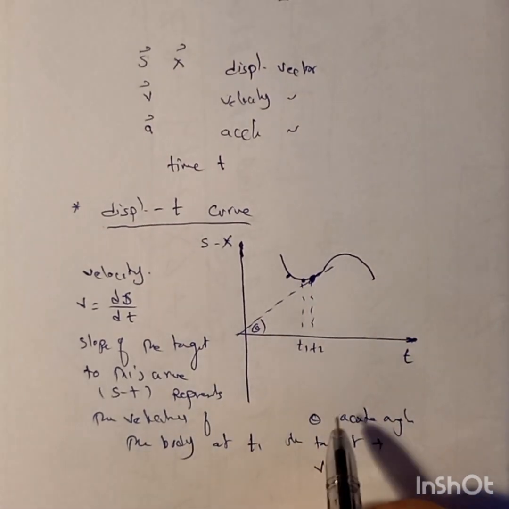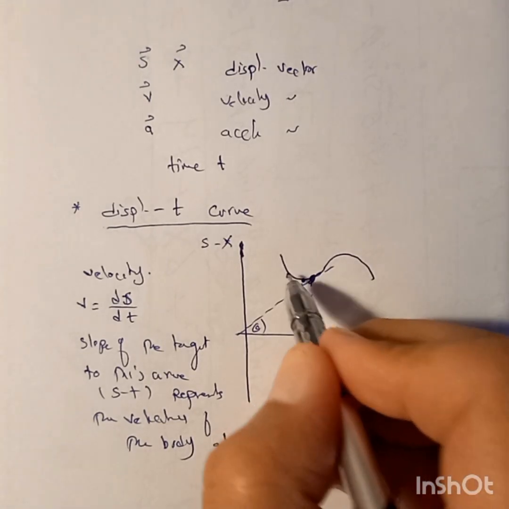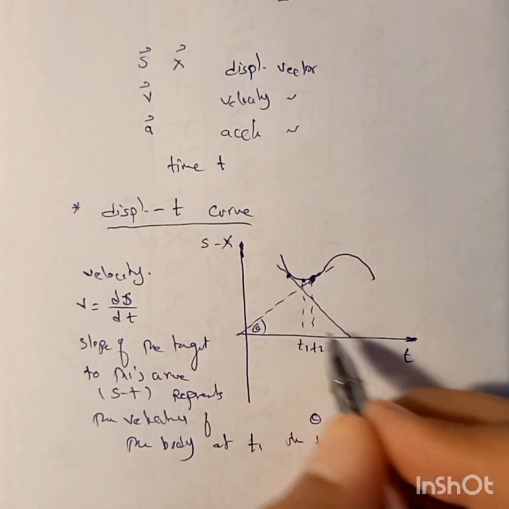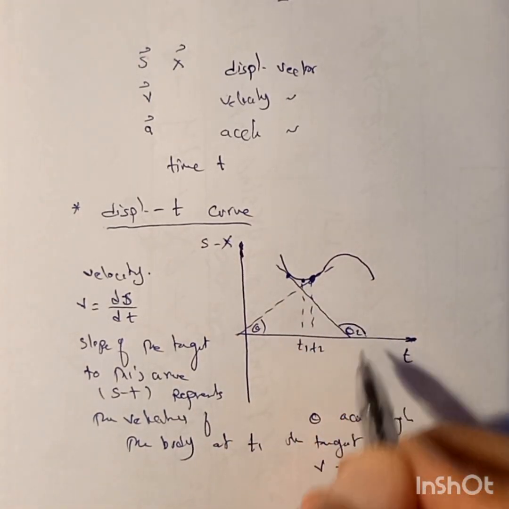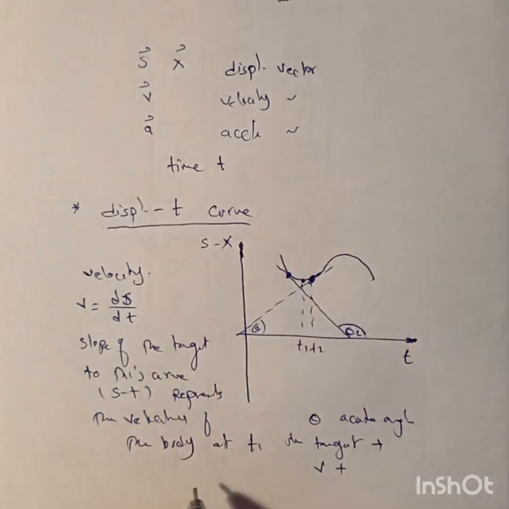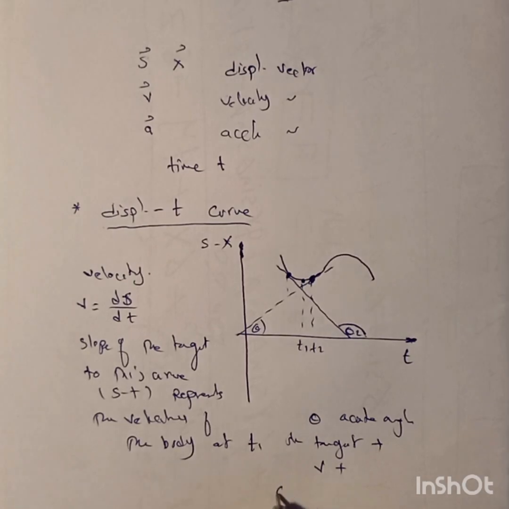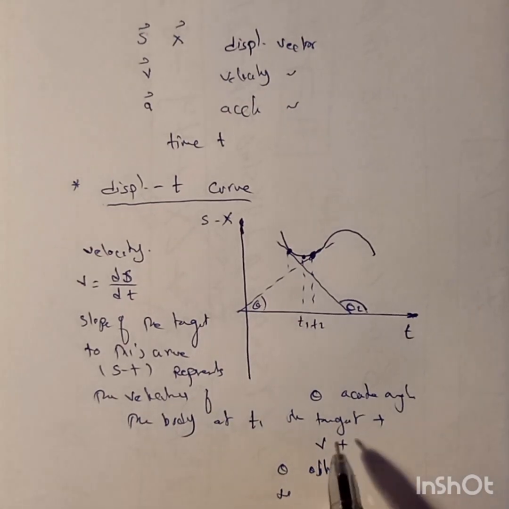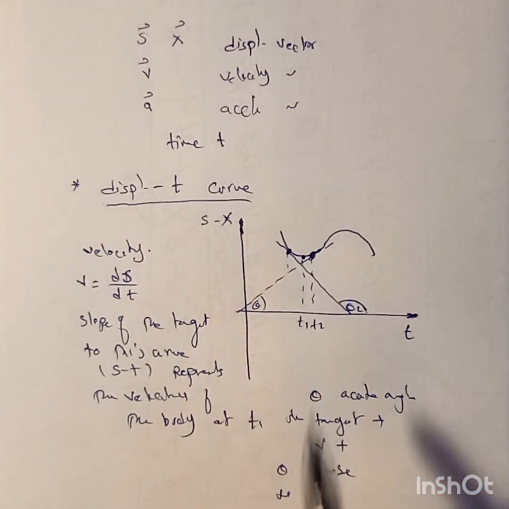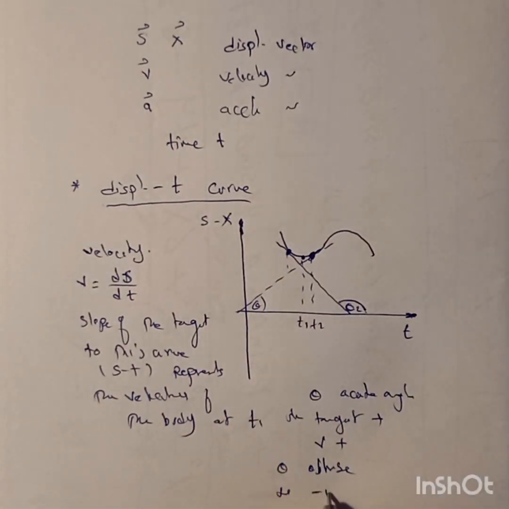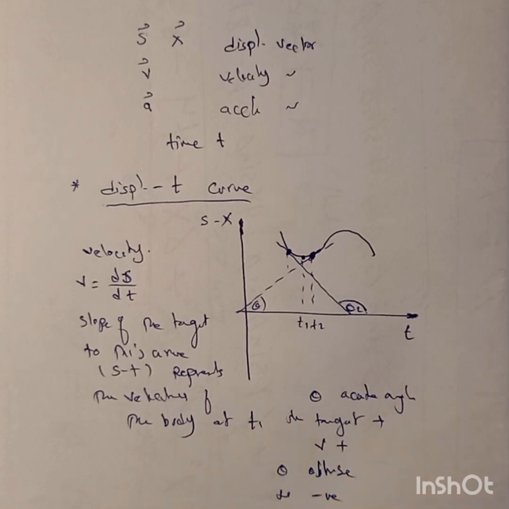And vice versa, if we have here this tangent and theta 2 at this point, theta is an obtuse angle, then the slope of the tangent at this point is negative, then velocity is negative as well.